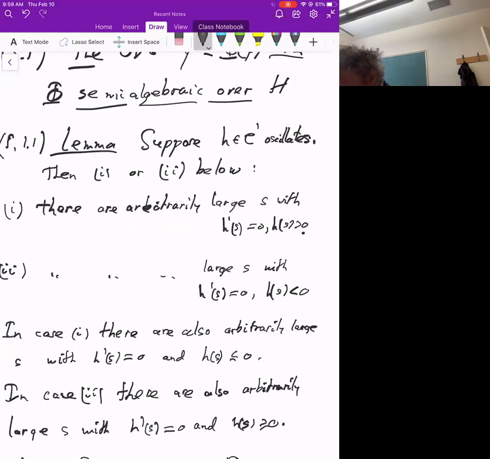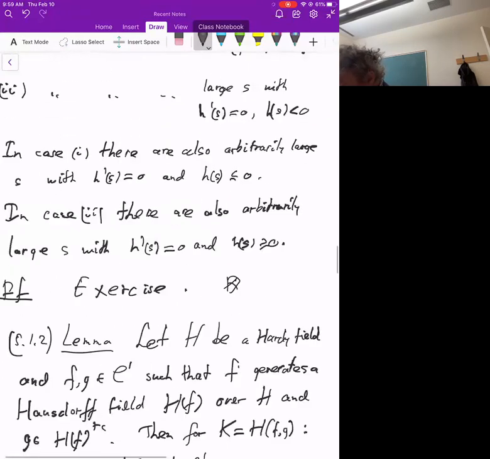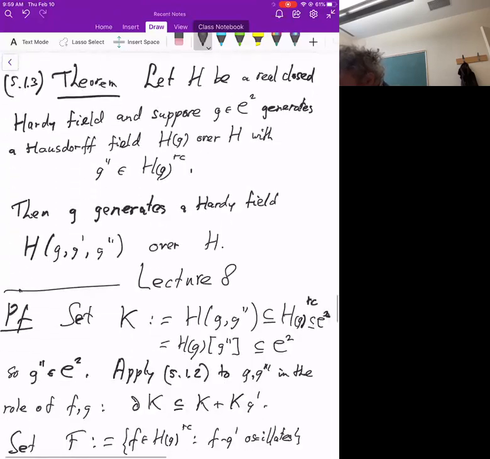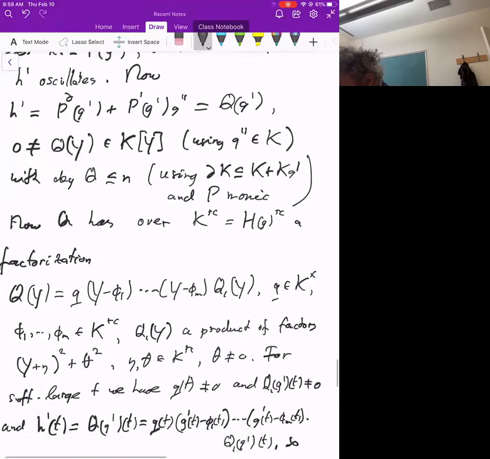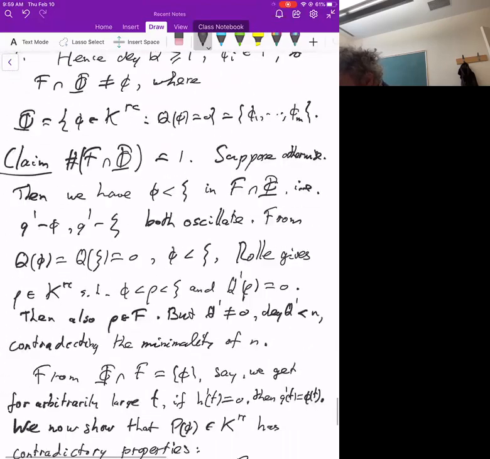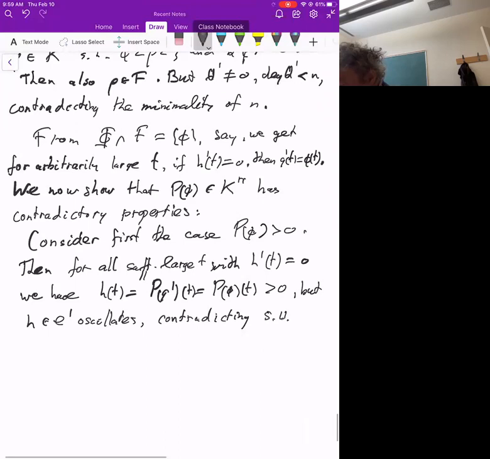But in that case, there are also arbitrarily large s's where h prime s is 0 and h is not positive. And here we are contradicting that. For all sufficiently large t where h prime t is 0, h t will be positive and not less than or equal to 0.